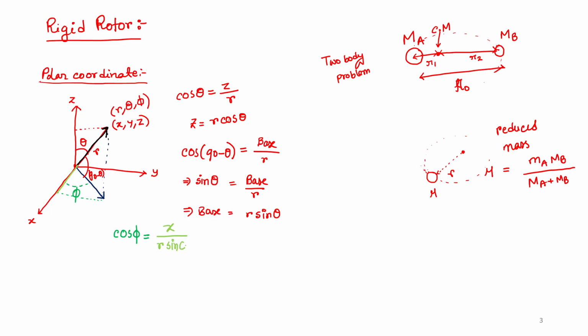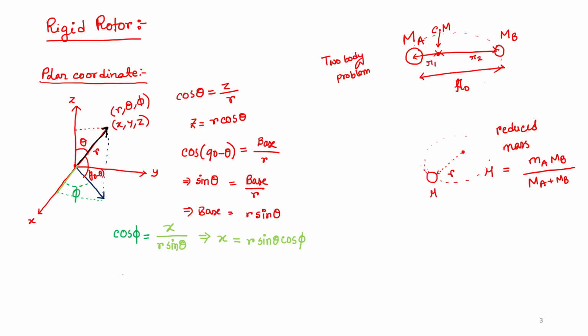Please let me know if there is any doubt. So now the relationship becomes x is equal to r sine theta cos phi, right? Similarly, since it makes phi with x, it will make an angle 90 degrees minus phi with y.